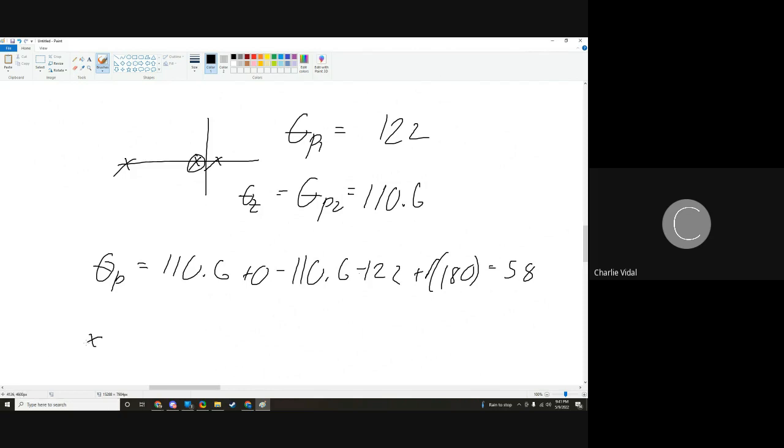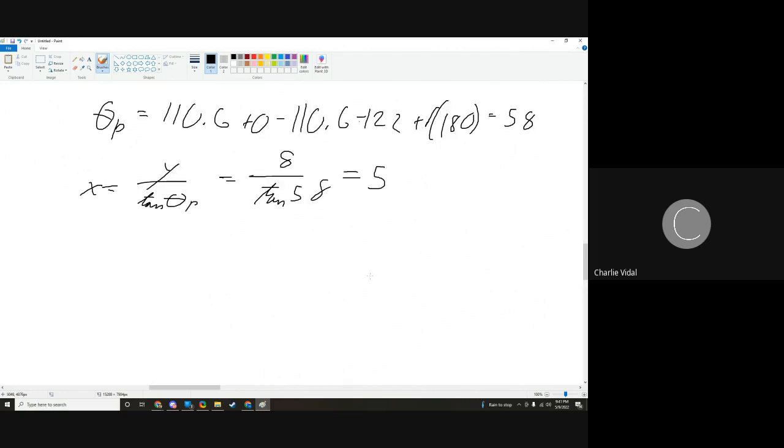X is equal to y over tangent of theta p, and this is equal to 8 over tangent of 58. And this will give us a value of 5 this time.